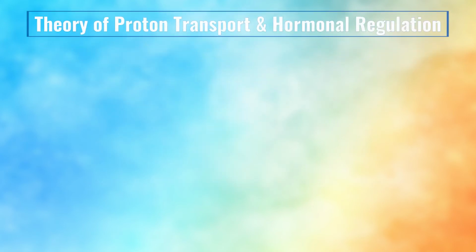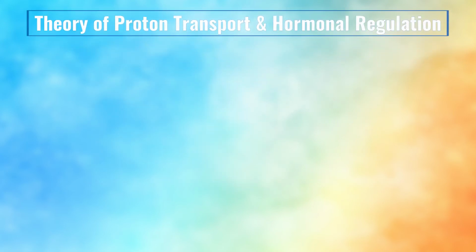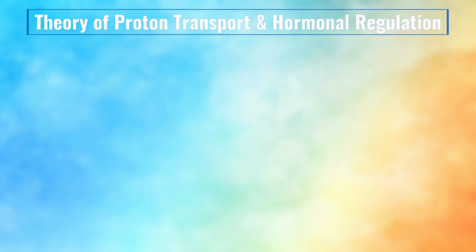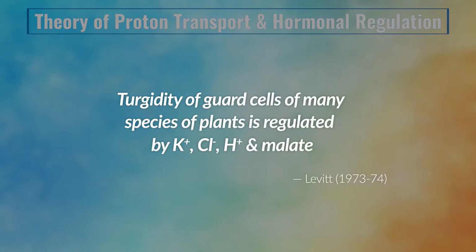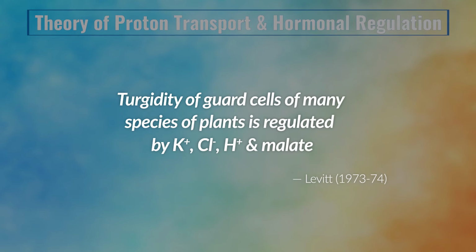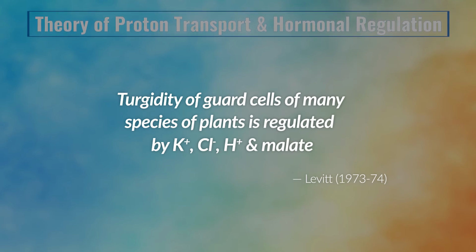Finally comes the theory of proton transport and hormonal regulation. Levitt in 1973-74 suggested that the turgidity of the guard cell of many species of plant is regulated by potassium ion, chlorine ion, hydrogen ion and malate.